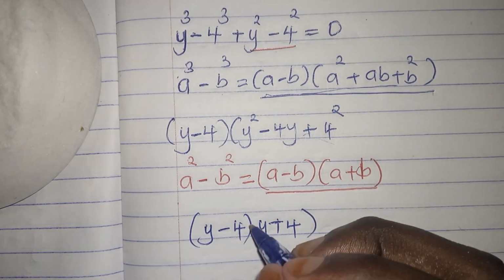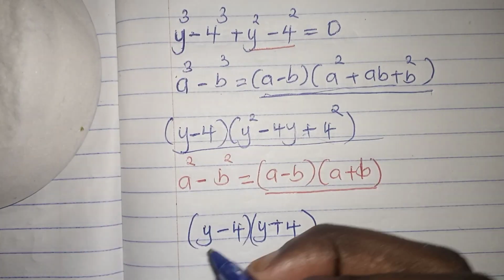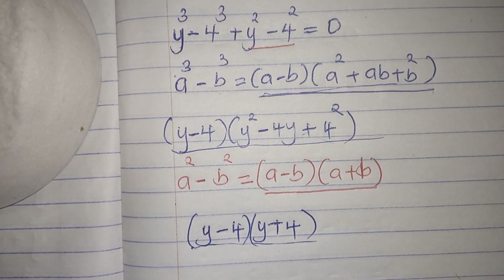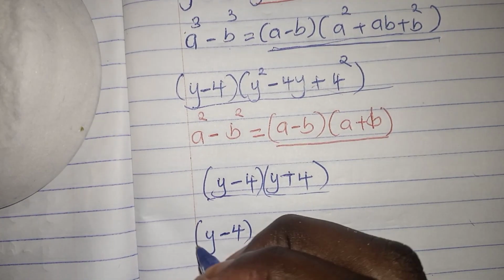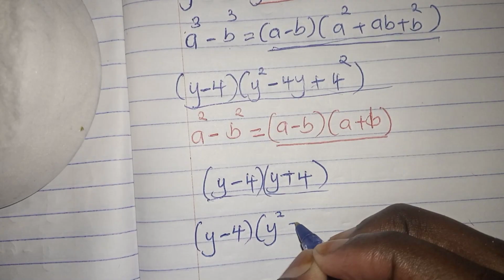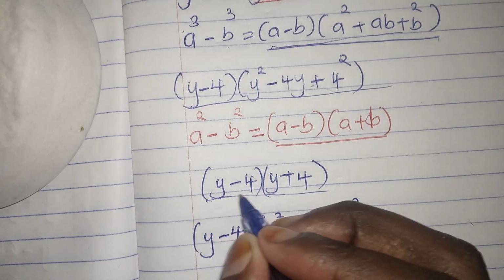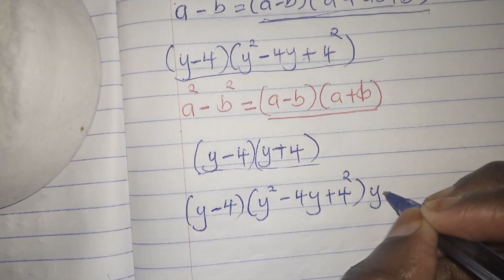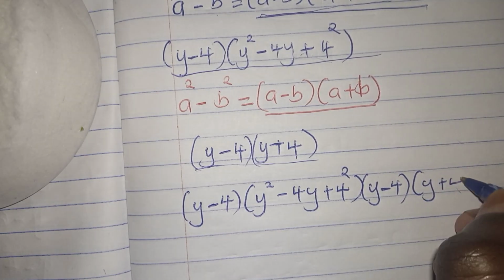So we will combine these two expressions, and this will be y minus 4 into y squared plus 4y plus 4 squared, and this one here, y minus 4 into y plus 4.